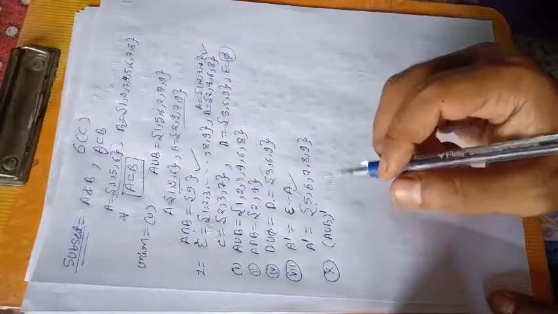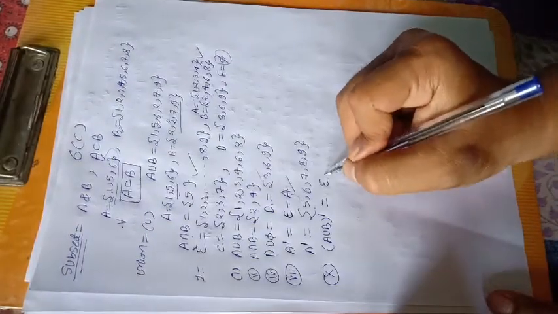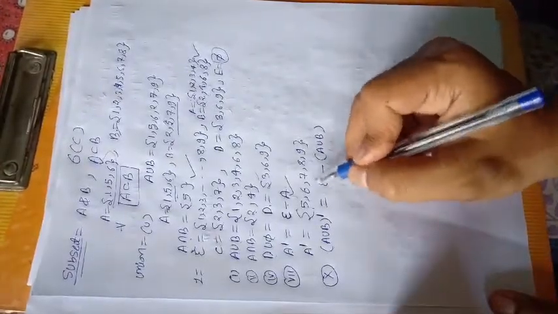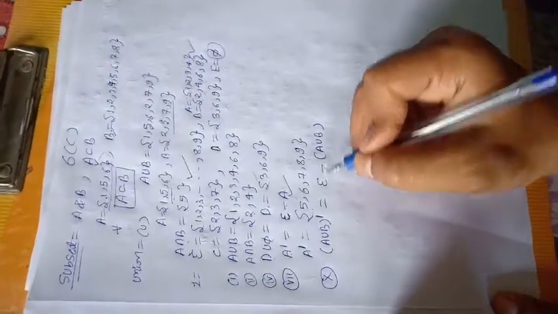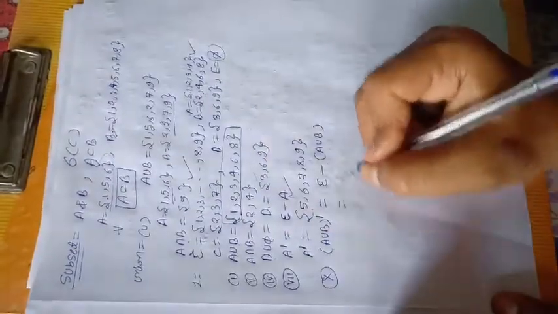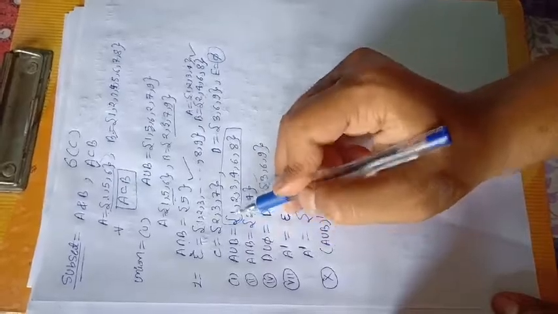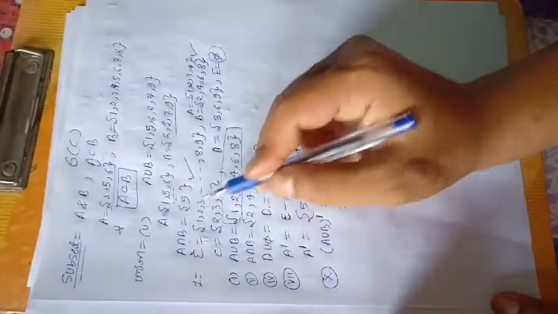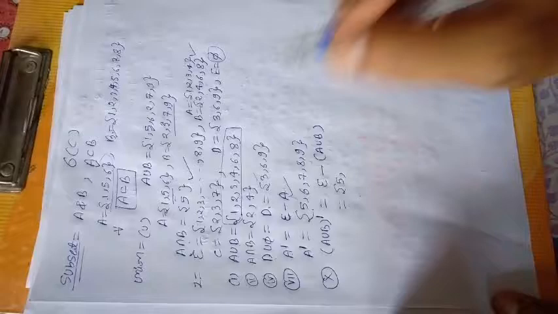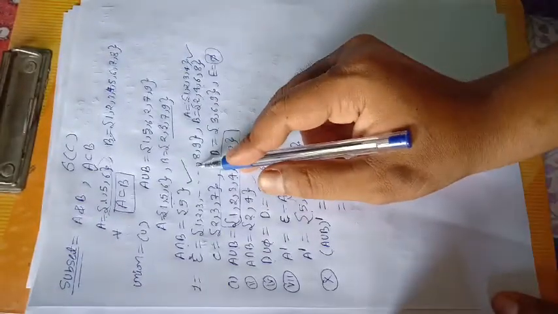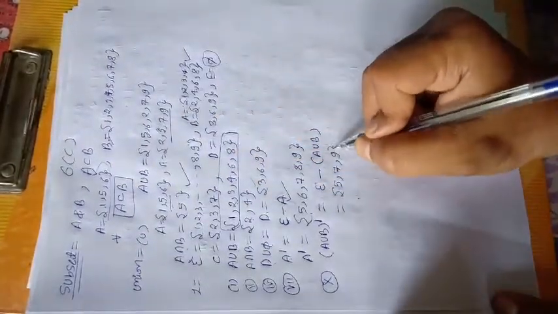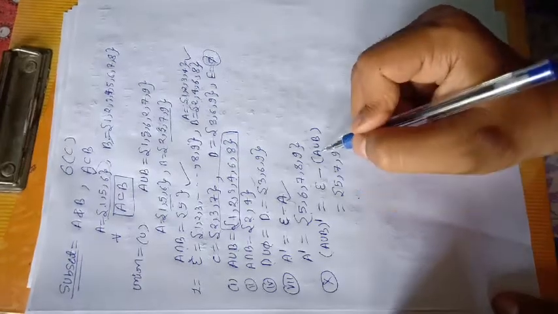A union B complement means the universal set minus A union B. Okay, the set of all those elements of the universal set which are not in A union B, and this is our A union B. So 1 will not come, 2 not, 3 not, 4 not, 5 is not here, so the first element is 5, 6 is here, 7 is not here so 7, 8 is here, 9 not here, so 9. So the set of all those elements of the universal set which are not in A union B.